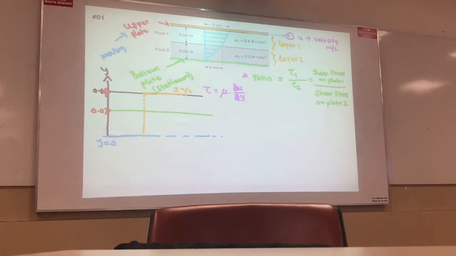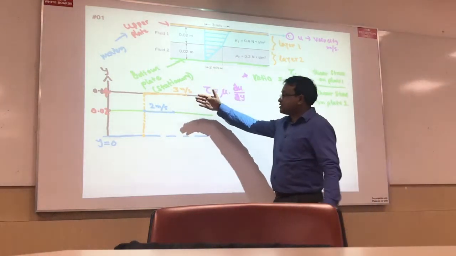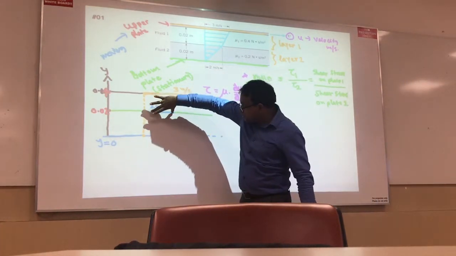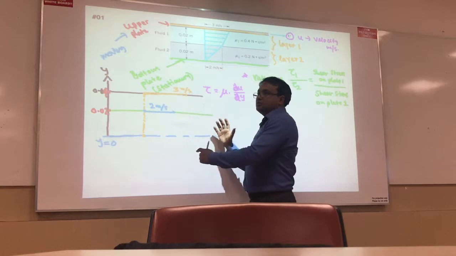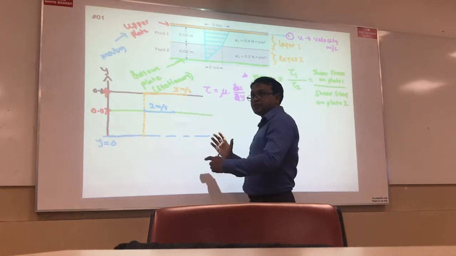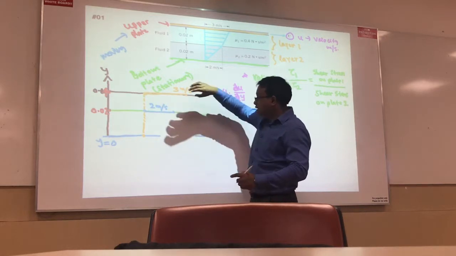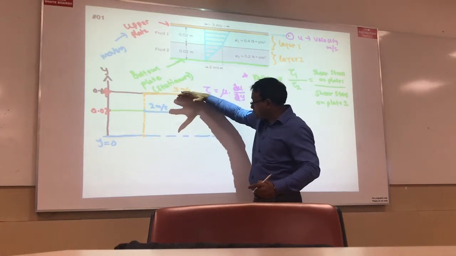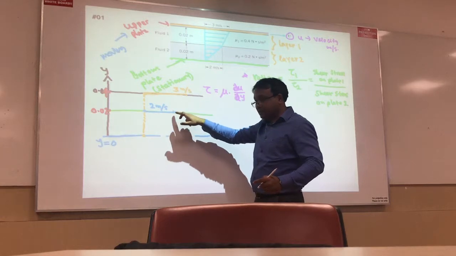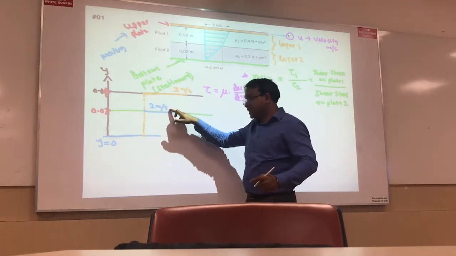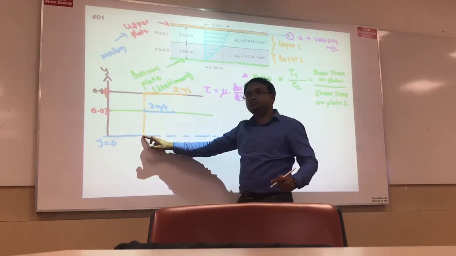And from here to here, according to the question, 2 meters per second is the velocity adjacent between the two layers, here and here. So this velocity is 2 meters per second because the layer is also moving. That's why. So this is moving, the layer is also moving. Okay? So this velocity is 3 meters per second and the layer velocity adjacent to the layer is 2 meters per second. The bottom of the plate is 0.